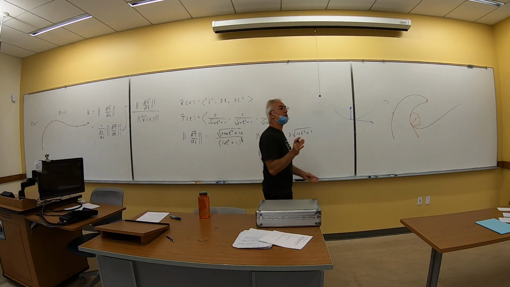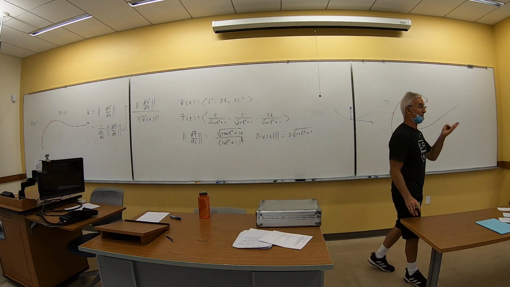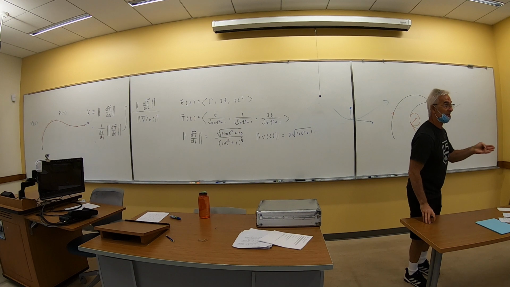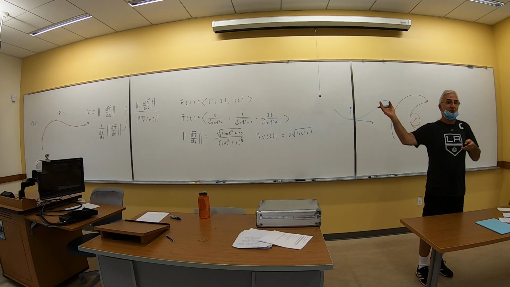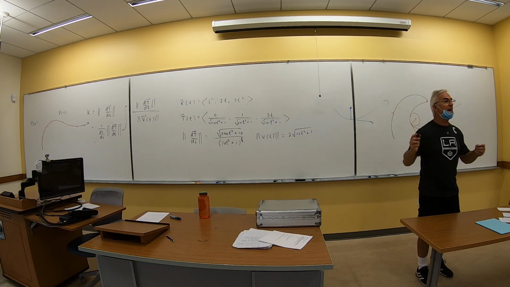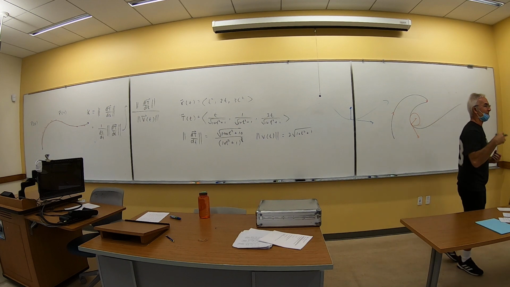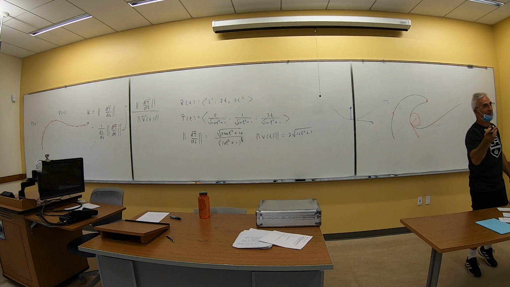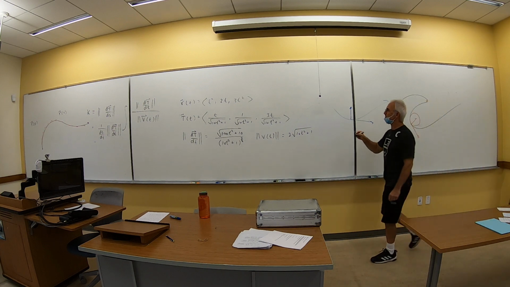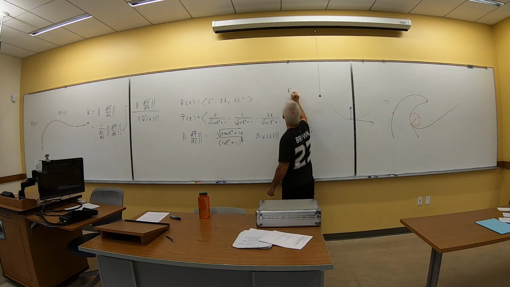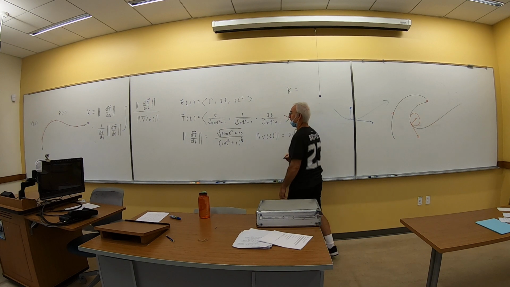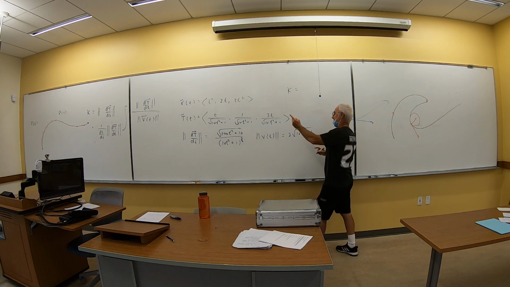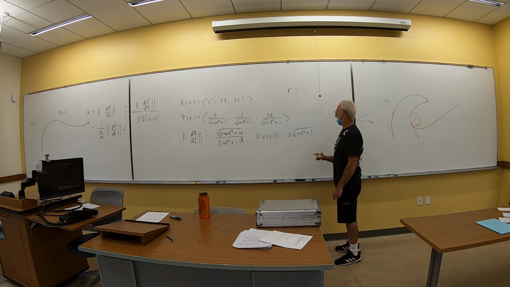Usually you'd be telling me the curvature at a particular value of t, but it doesn't really matter because you got to do all of this in terms of t. A common mistake people make is they try to evaluate and then do all their derivatives. That doesn't work. You got to do all your derivatives and then evaluate. So for this particular problem, if I asked what's the curvature, well, you'd say it's this quantity divided by this quantity.